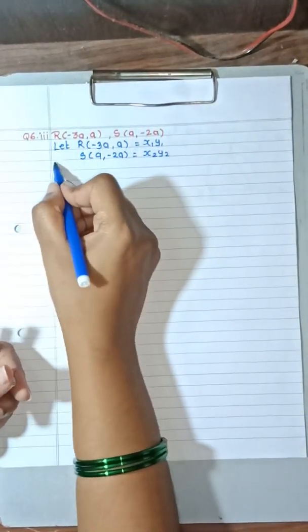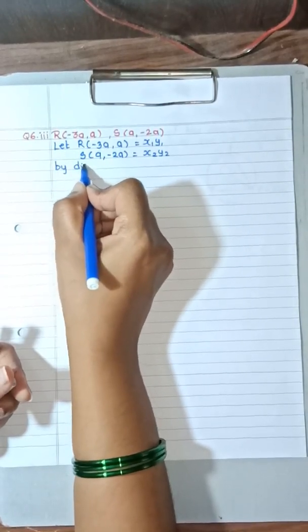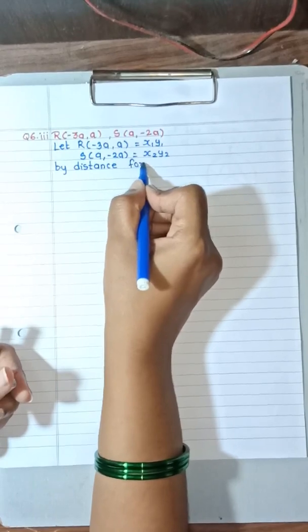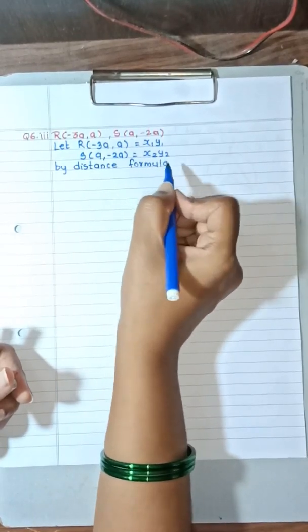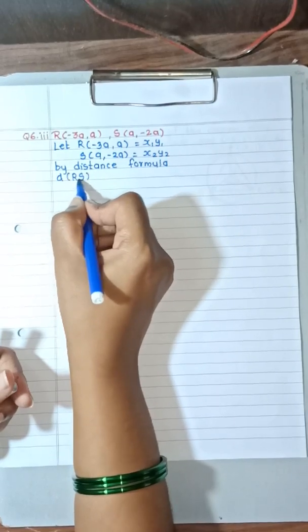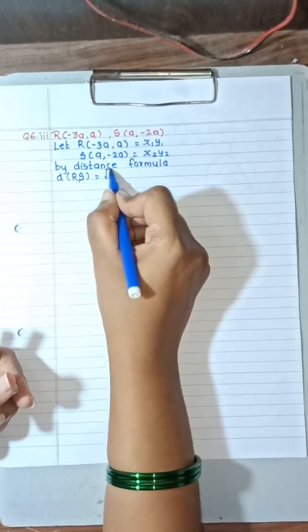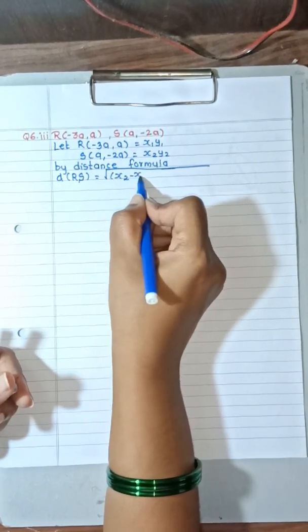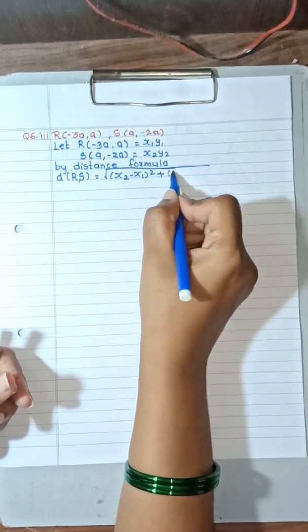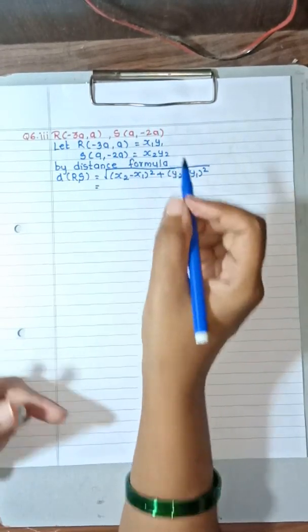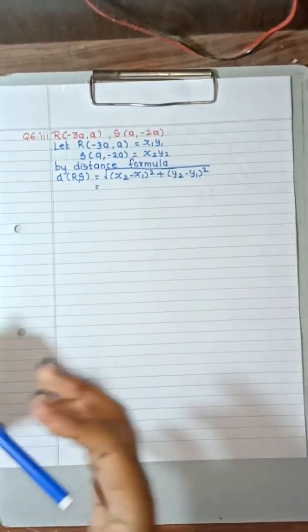Now by distance formula, distance RS is equal to under root of (x2 minus x1) whole square plus (y2 minus y1) whole square. So I'll write with other pen now.